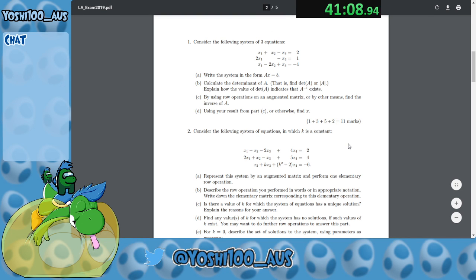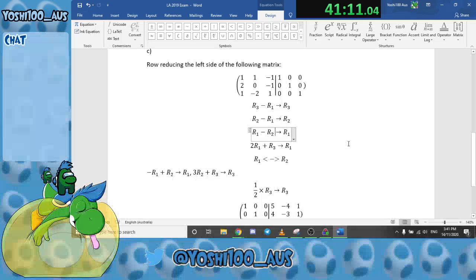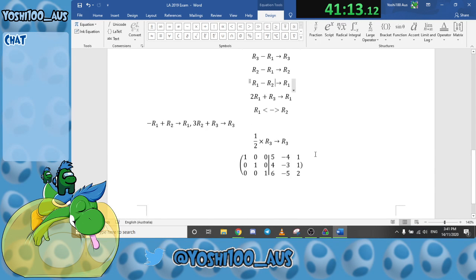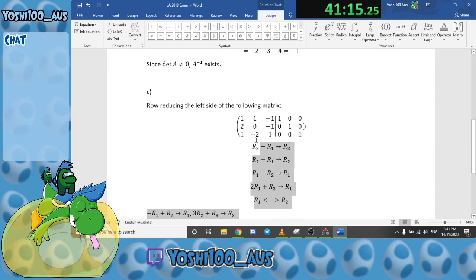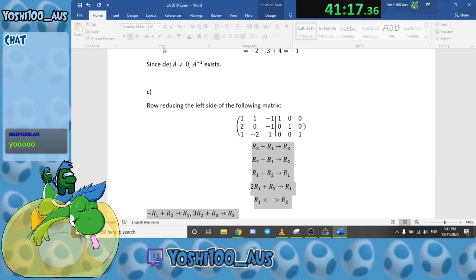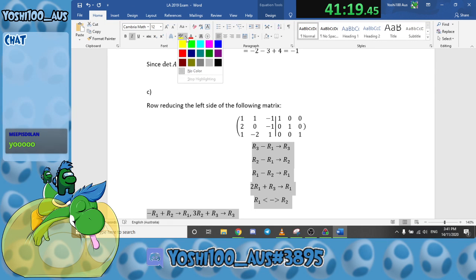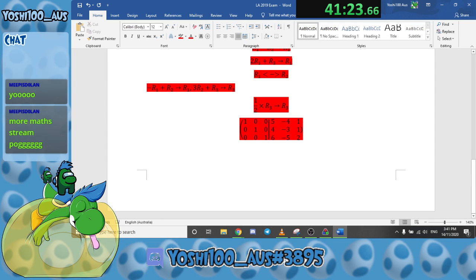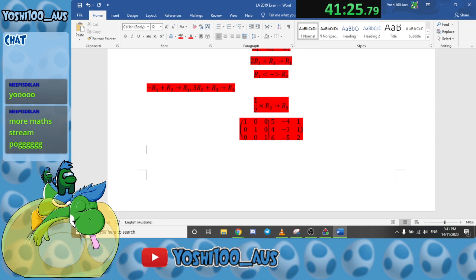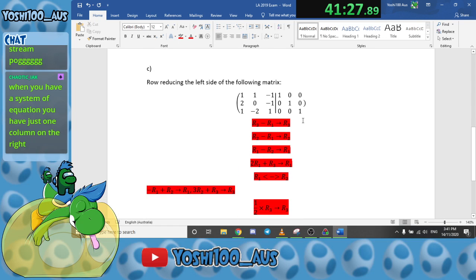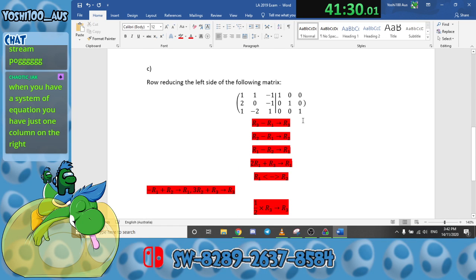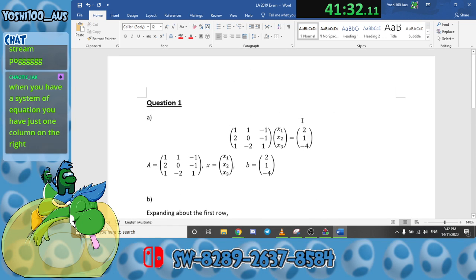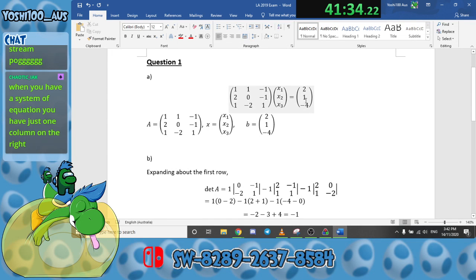Okay, so I'm just going to make this red. This is very bad. This is wrong. Just 1 column on the right. Oh, yeah, like when you augment it, right?